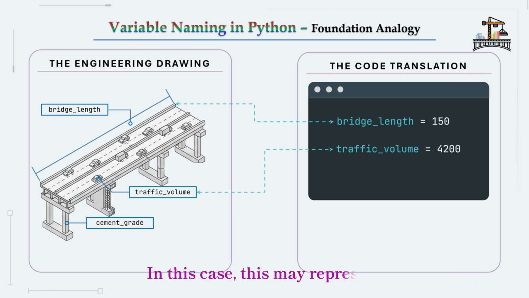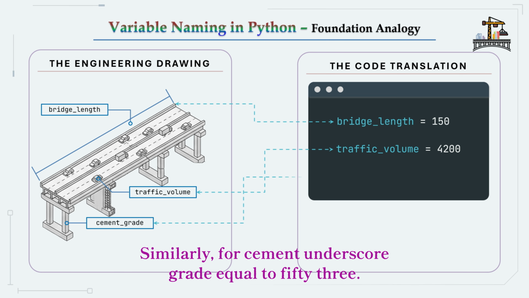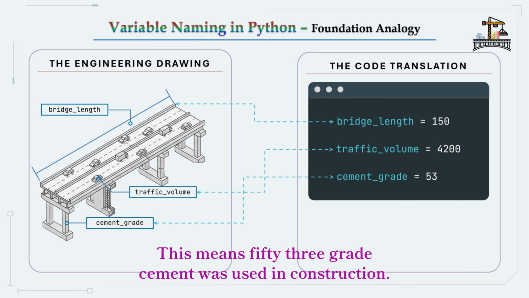In this case, this may represent 4200 vehicles observed during a traffic survey. Similarly, for cement_grade = 53, this means 53 grade cement was used in construction.